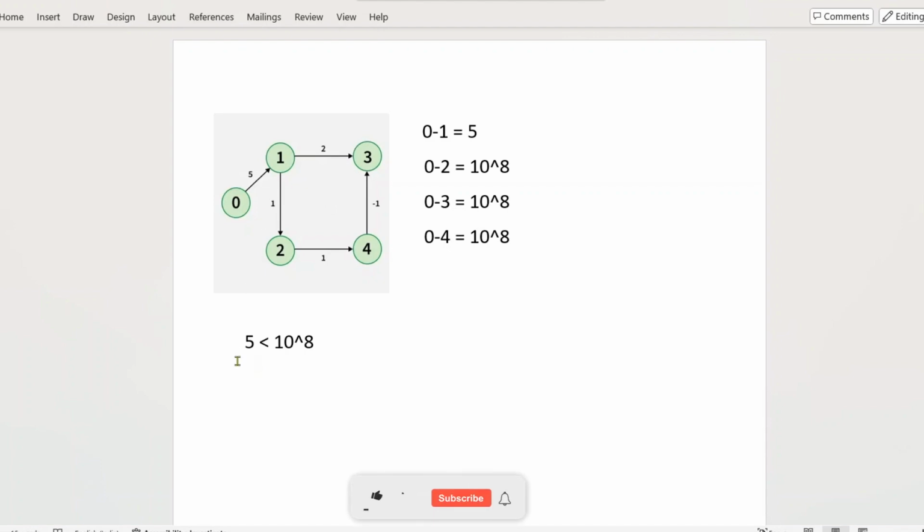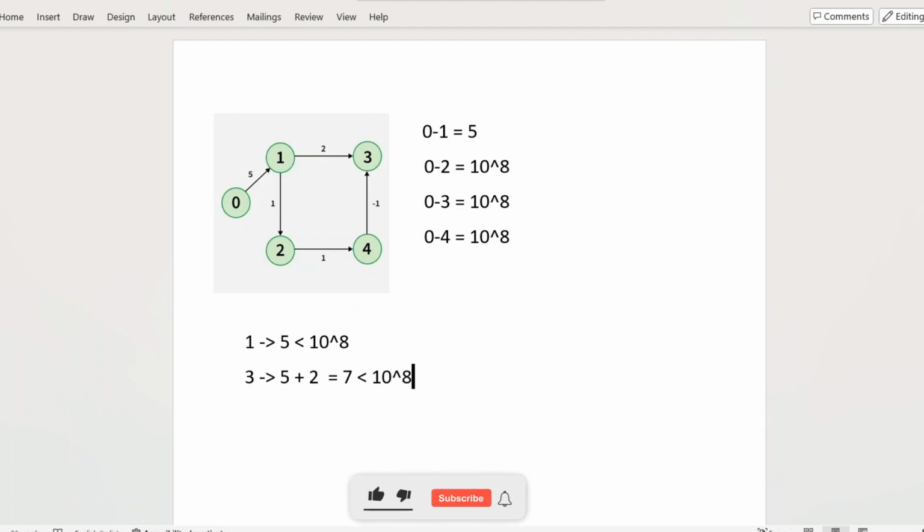For vertex 3, the path is 5 plus 2, which equals 7, and it is definitely less than 10 power 8.